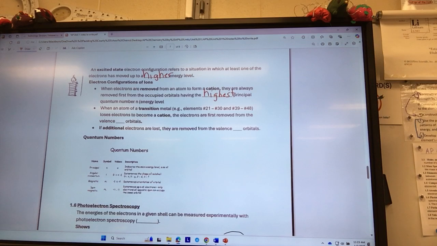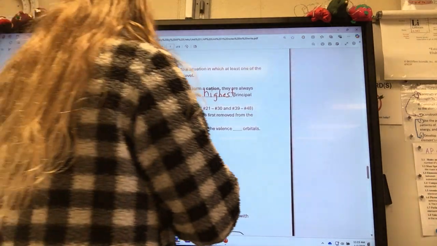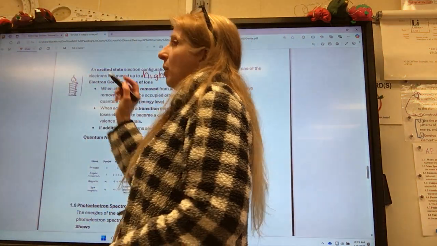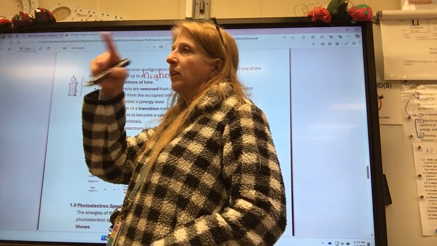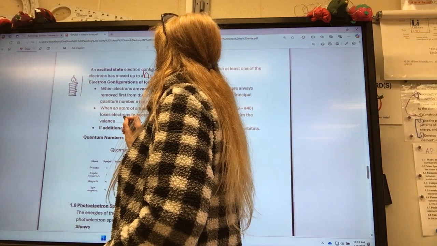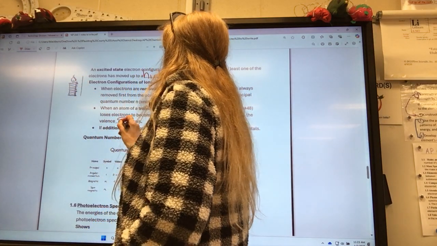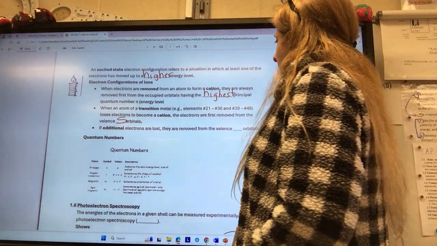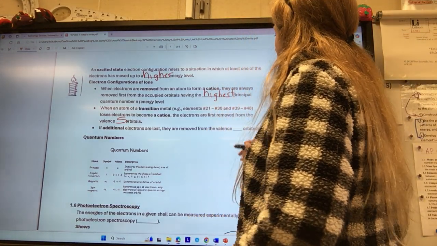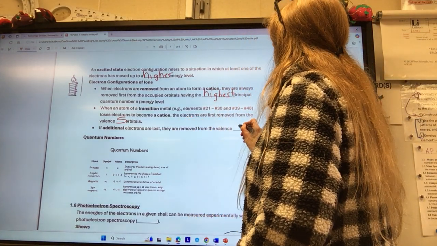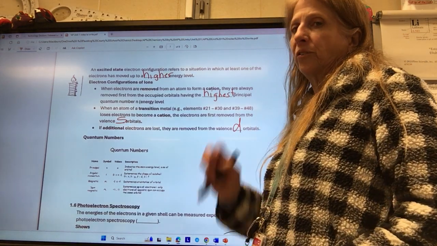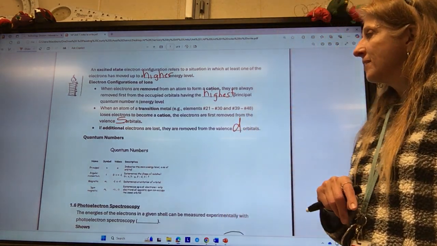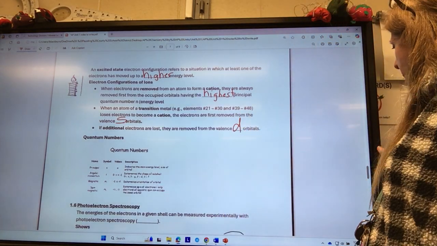So if they are going to lose one, before they lose any of their d orbitals, they lose their s orbitals first. If additional electrons are lost, once all the s ones are gone, then they'll come out of the d orbitals. So it's just a little thing to think about.